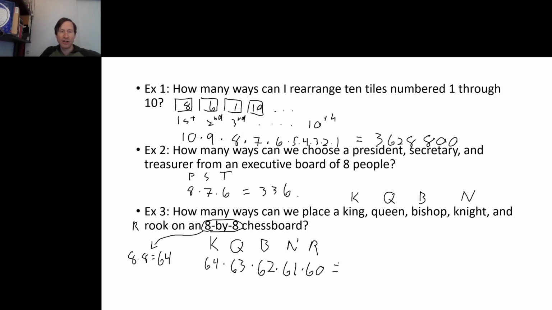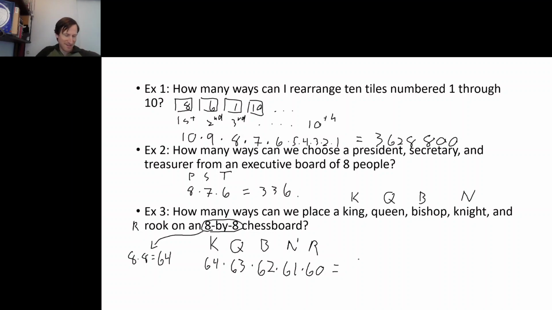And since all of these numbers of possibilities are independent, we can just multiply them all together. So 64 times 63 times 62 times 61 times 60.